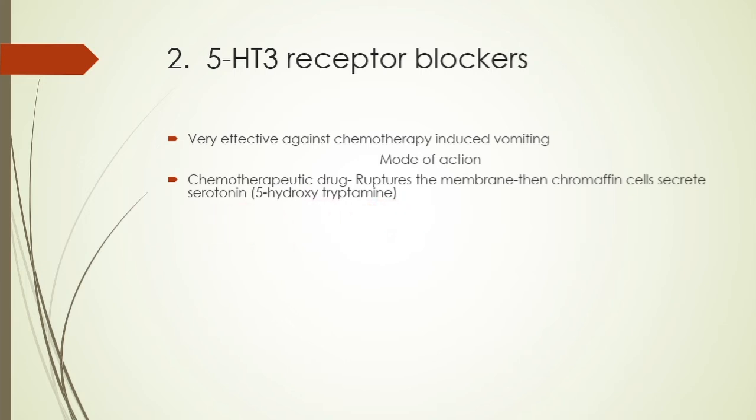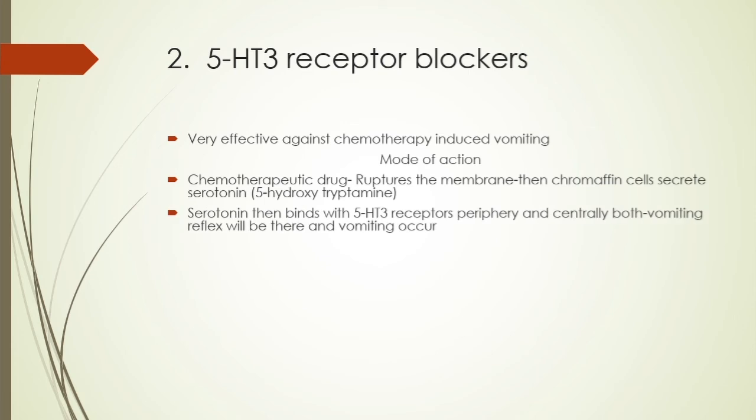When we take chemotherapeutic drugs, they are so dangerous that they can even destroy the hair follicles, and when they rupture the membrane, the chromaffin cells secrete serotonin, 5-hydroxytryptamine, also called 5-HT.